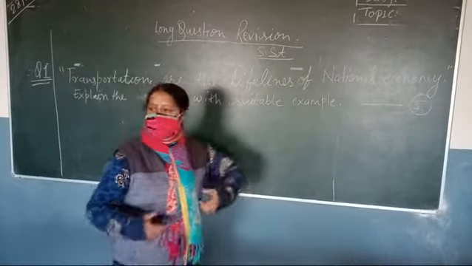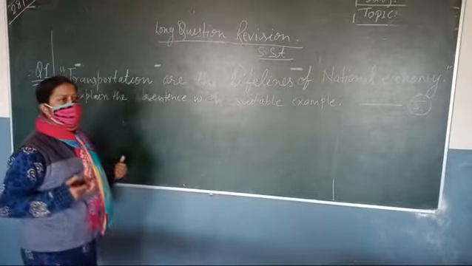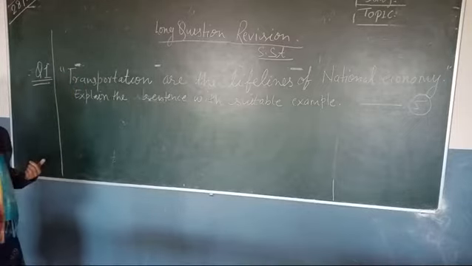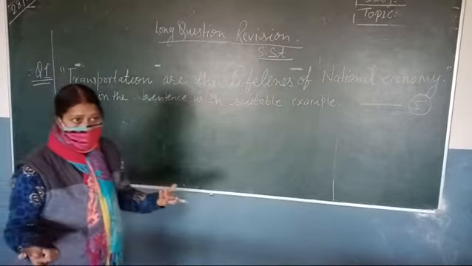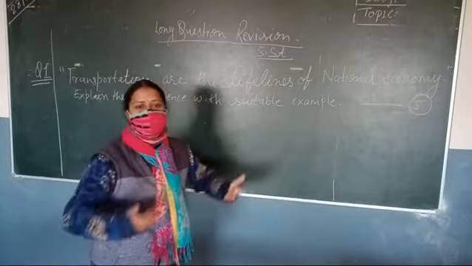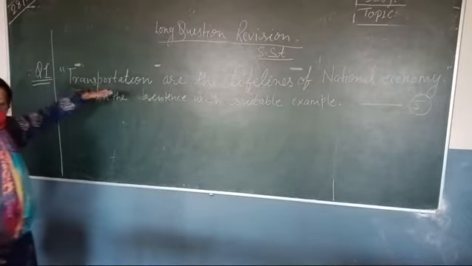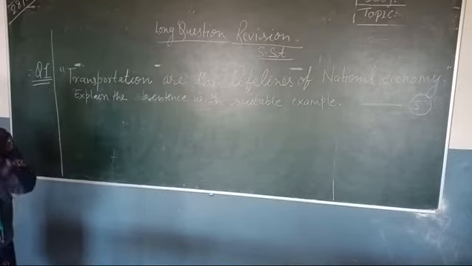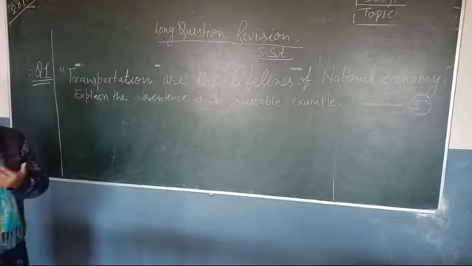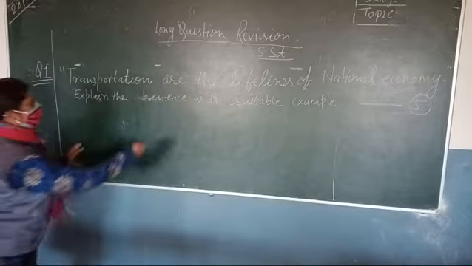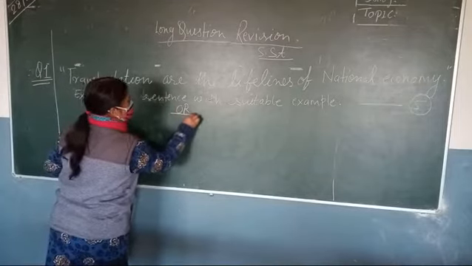If we are giving the recognition of lifelines, it means we are talking about how important they are. These questions are very simple. The same statement can be asked in a different way.